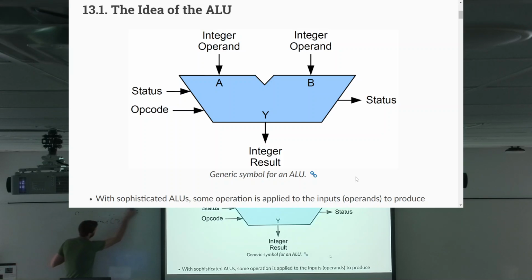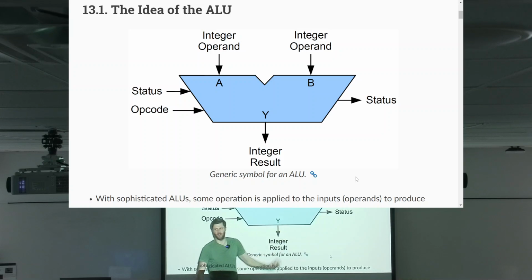We got some side effects. Sometimes an operation results in a carry bit happening. And sometimes it's important for our computer to know, did the operation I just did do something noteworthy, like produce a carry bit, produce a 0, produce a negative number, etc. Sometimes that's important to know.